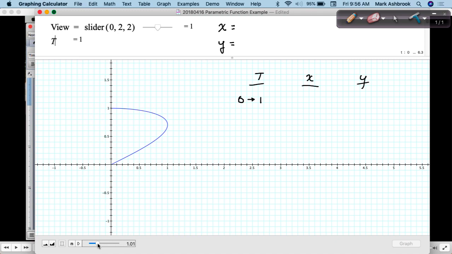How about y? As t varies from 0 to 1. So what does y do? Y coordinates of those points as t varies from 0 to 1. Andrew, what do you think? T varies from 0 to 1, what does that y do? What's y right now?